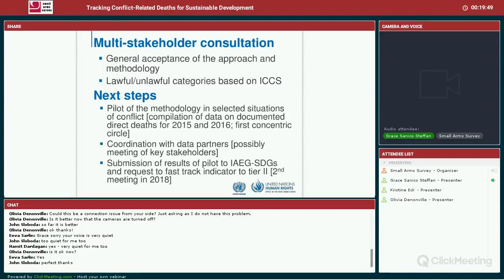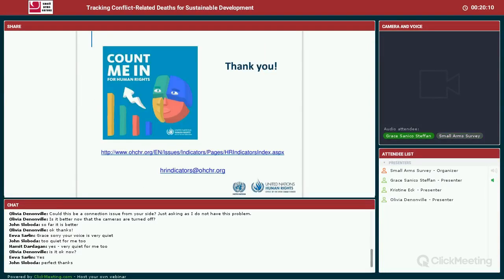We will continue coordinating with data partners and possibly organize a meeting with stakeholders. And we'll submit results of the pilot studies to the IAG SDGs and request to fast track the indicator to tier 2 sometime in 2018.